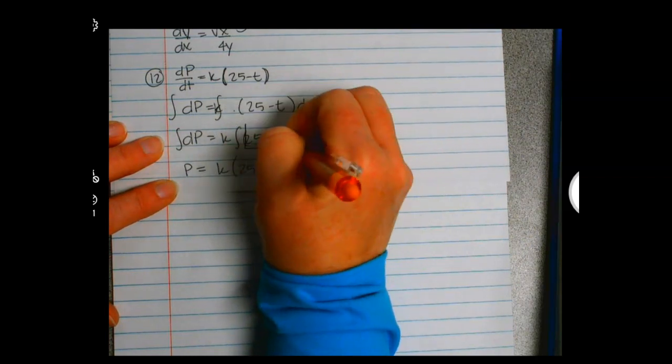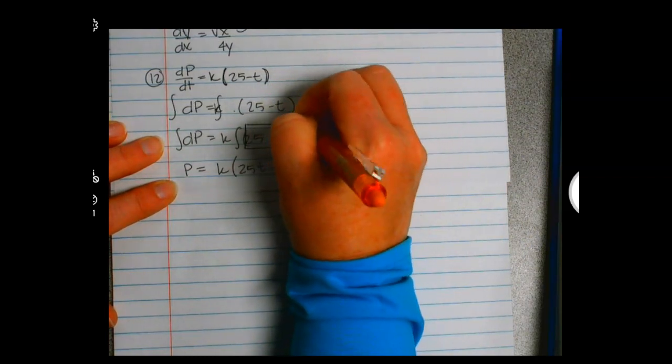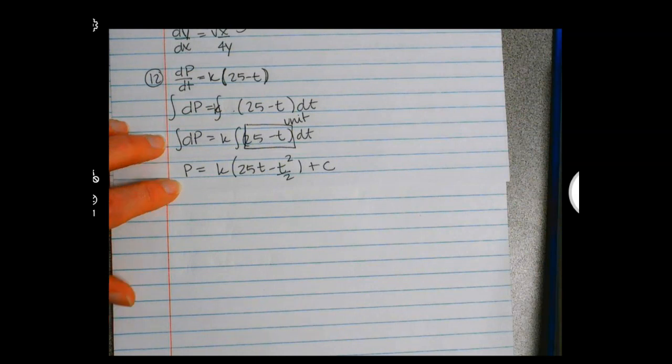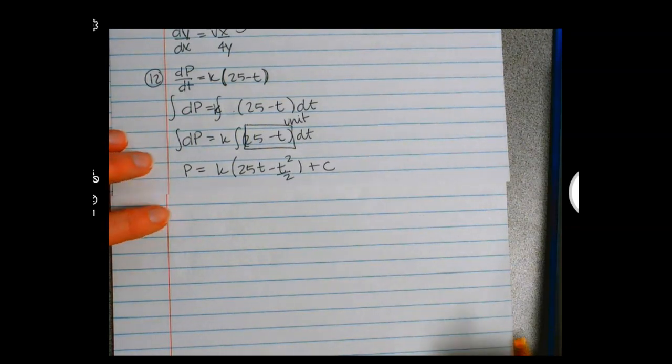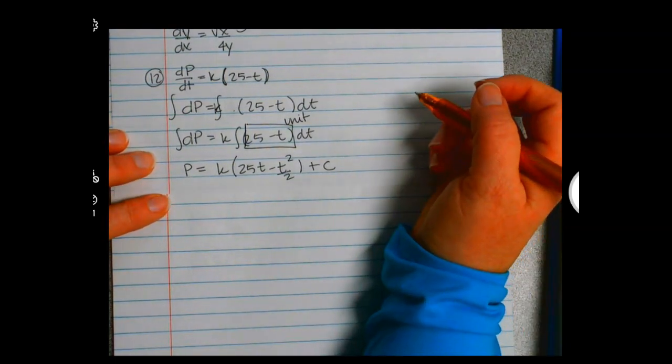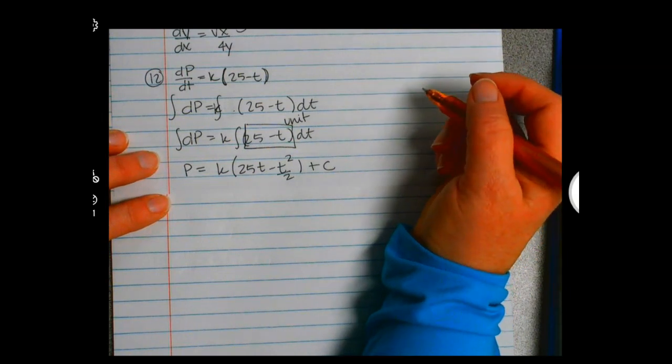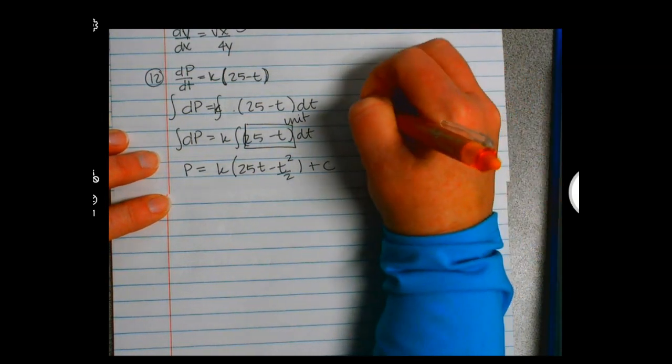I guess I did it wrong. If this is a unit, then we have to treat it as a unit and do u substitution. Now the c might take care of mine, but that's not the answer that they gave. It might be a good question to ask somebody who's more experienced than I am. So what they did, they said u substitution.